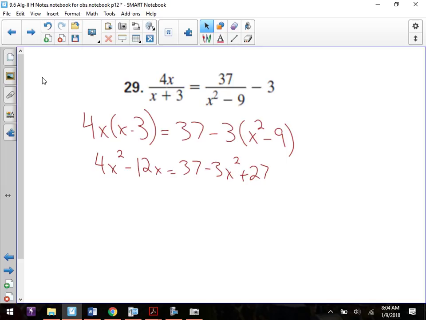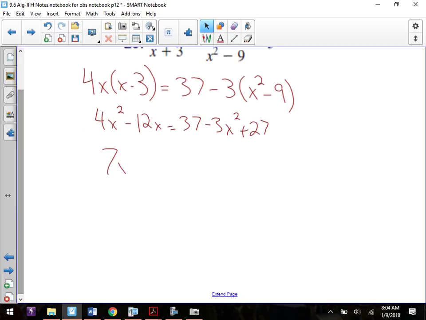So we get 7x squared minus 12x, and it'll be minus, what is that, 64, I believe? To be honest with you, I really don't feel like multiplying 7 times 64. So I'm going to go ahead and use the quadratic formula.